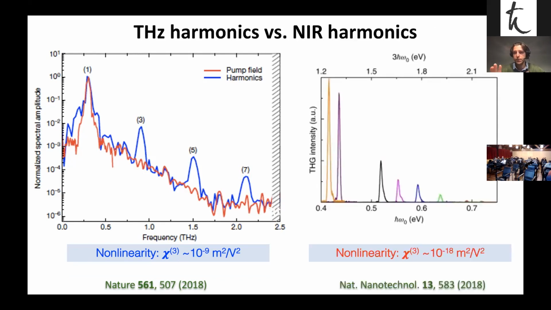So just to put this in perspective, if you compare this to work that was published around the same time in the visible regime, people also saw very nice third harmonics. And what's very nice is that they're also very tunable through the Fermi energy. But their nonlinearity was 9 orders of magnitude lower than the one we find in the terahertz regime.